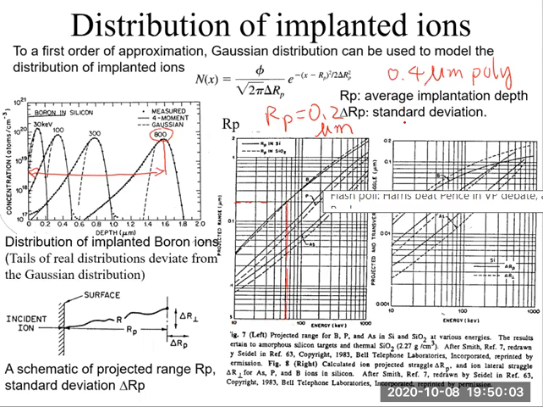So the energy we should choose is 60 keV. Note that the energy is in the unit of keV. So this is how we use this figure to determine the implantation energy.